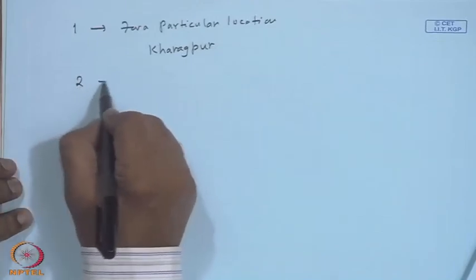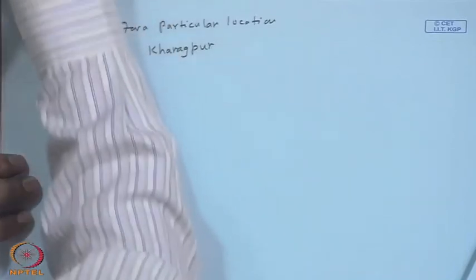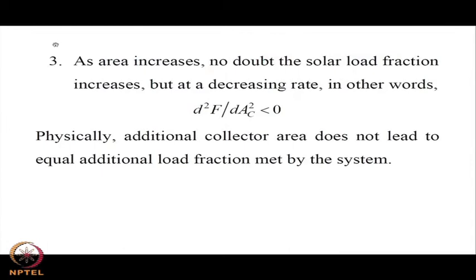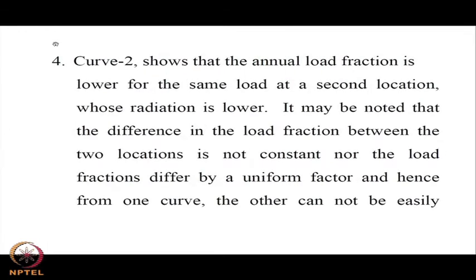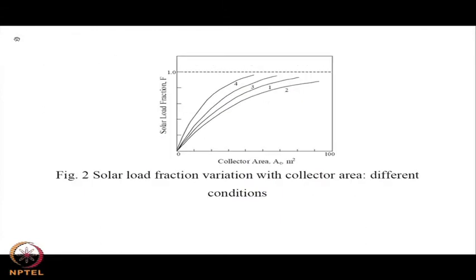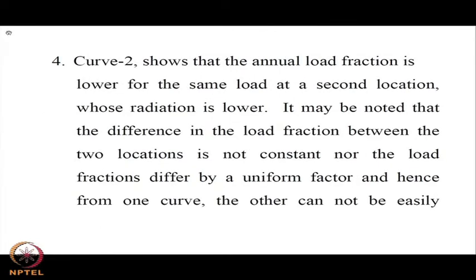And 2 is at a different location; these features I have already commented on. Now, this curve 2 is lower than the curve 1. Let us just check it. Right. So, the solar load fraction at the same area is lower for curve 2.